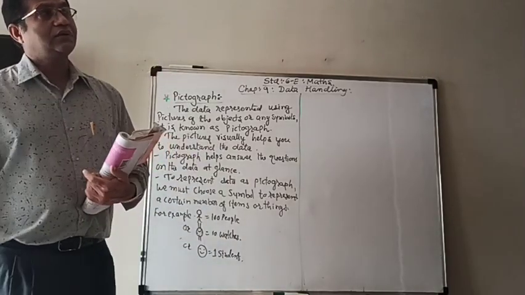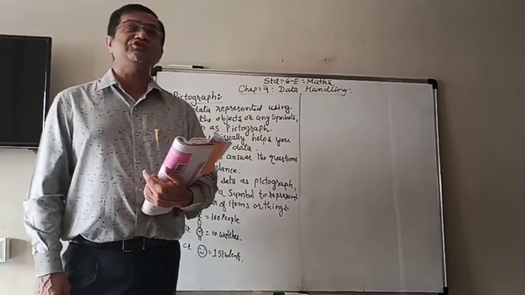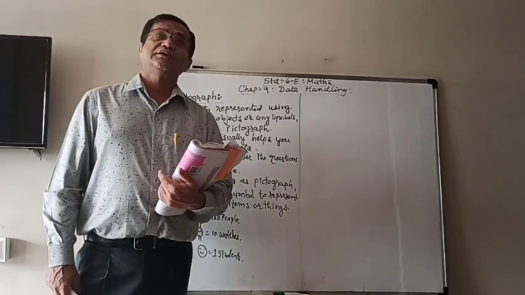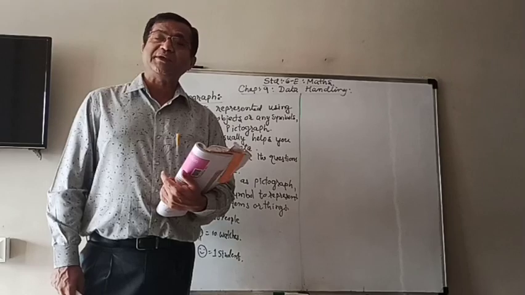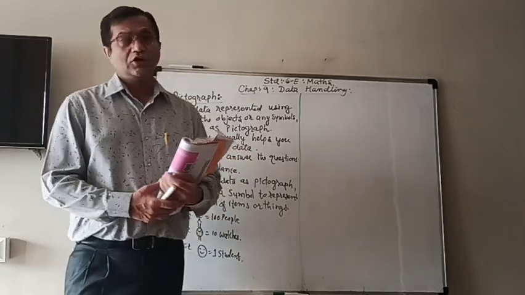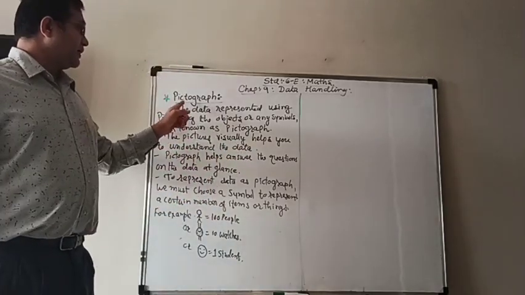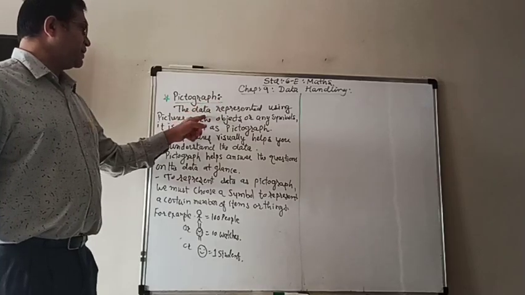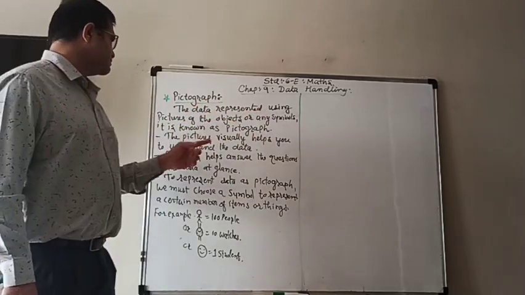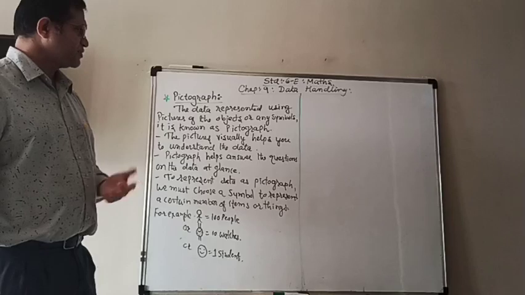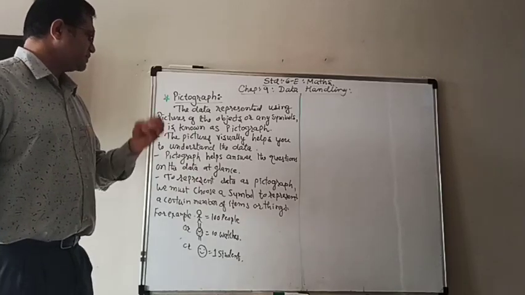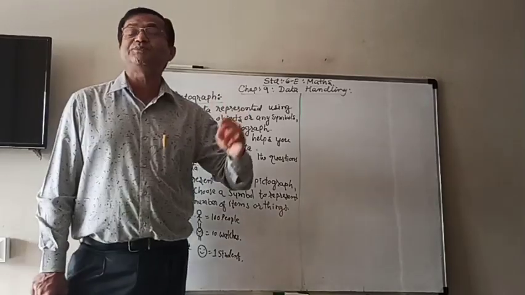Sometimes we have to use pictures to represent the data, and that is known as a pictograph. When data is represented using pictures of objects or any symbols, it is known as a pictograph.